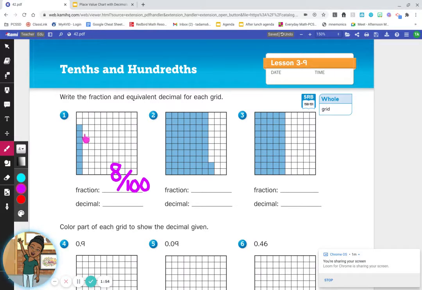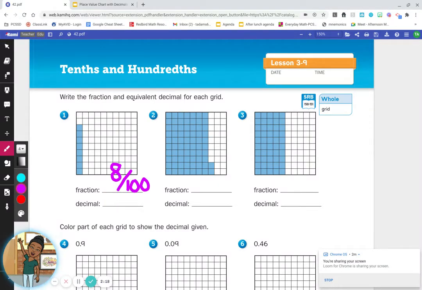And for number 1, there are 8 shaded squares, so my numerator is 8. I have 8 shaded squares out of 100 that I see. This is represented as a fraction by 8 100ths, 8 out of 100.